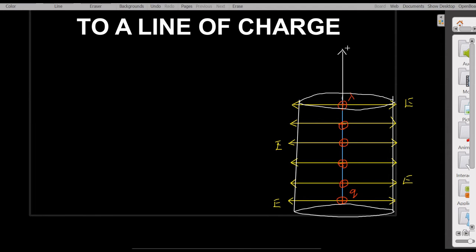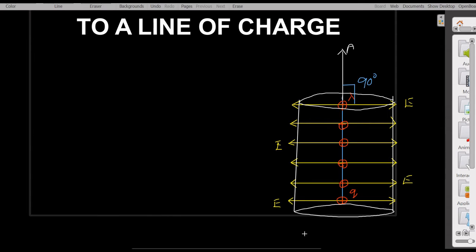Let A be the area vector. We can see this area vector makes an angle 90 degree with this electric field.